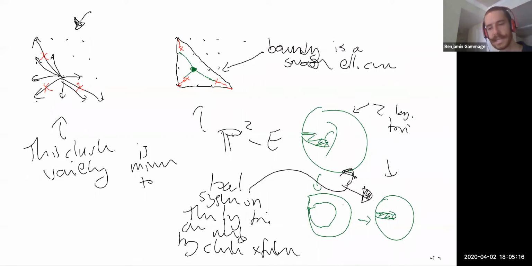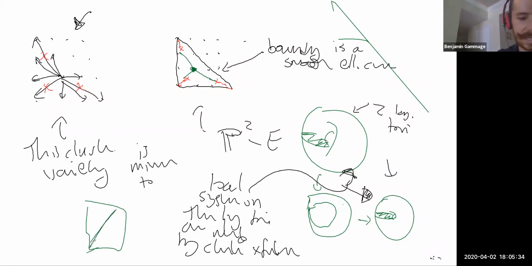I didn't have time to say this either: the fact that cluster varieties have canonical bases inside their coordinate rings has something to do with this. If I draw my two torus like this, and here's the disk I was gluing in, there were two variables, A and A prime, that were allowed to go between them, but one of them is more natural than the other.